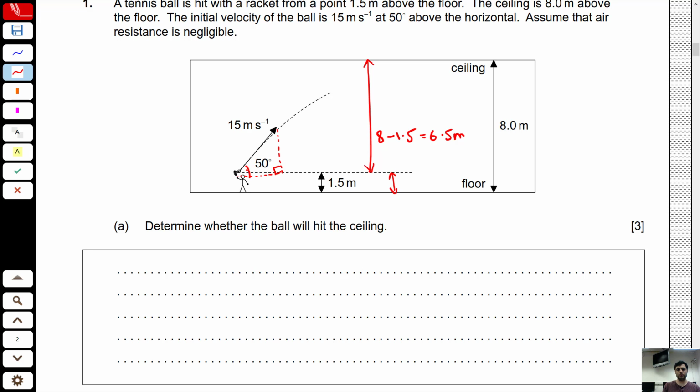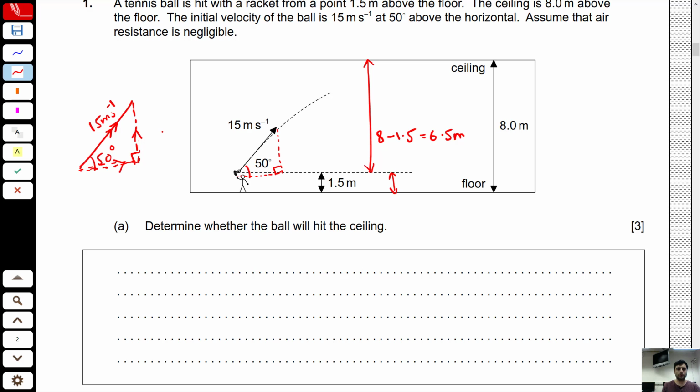You can always draw a right angle triangle, so let me draw a bigger diagram here. This is the resultant velocity, with horizontal and vertical components, and they must be perpendicular to each other. The angle of inclination is 50 degrees, and the velocity is 15 meter per second.